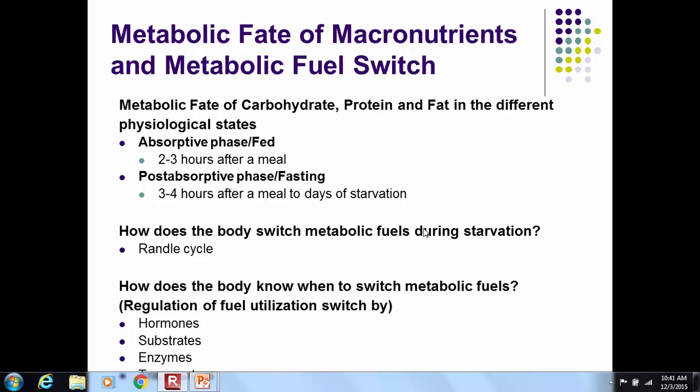Today we're going to talk about fuel utilization. I just wanted to go over again, at this point, we wanted to divide more precisely the timing in terms of a fasting condition. The fed condition, usually called the absorptive phase, means the 2 to 3 hours after a meal.